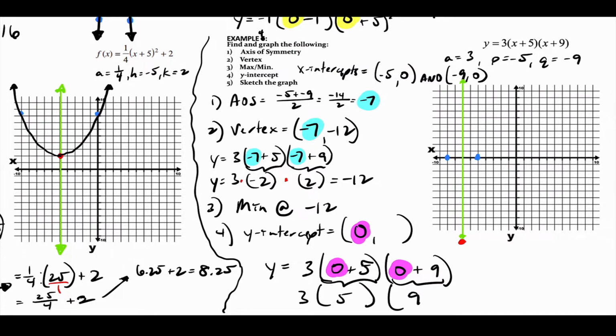And then in here, you're going to get 9. If you multiply straight across, you're going to get a number way off the graph. 3 times 5 is 15, times 9 is 135. Yep. That's way off the graph.